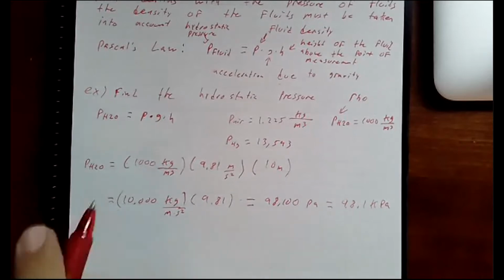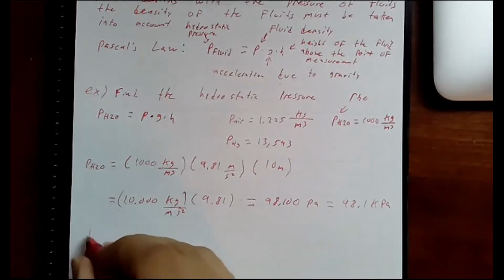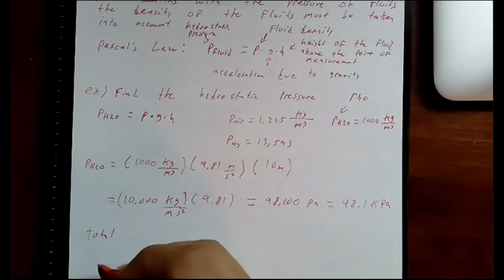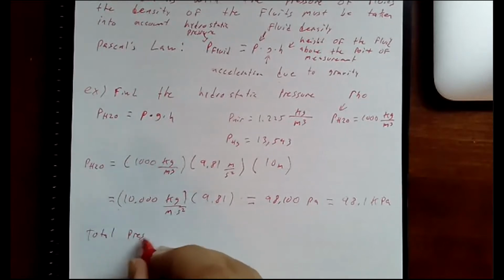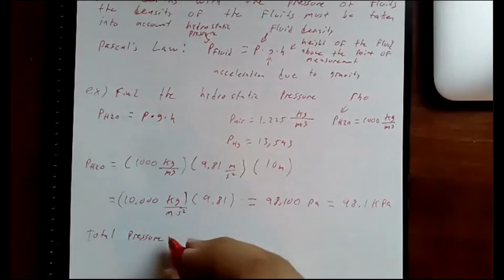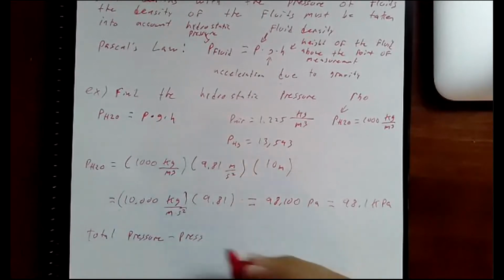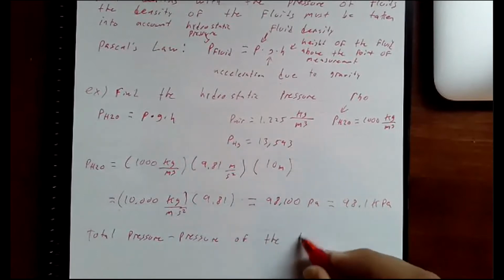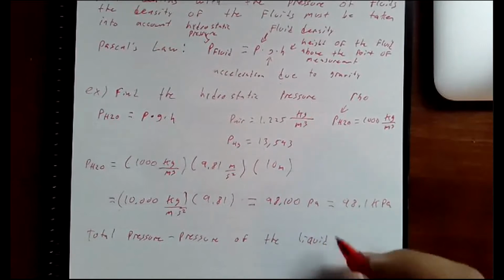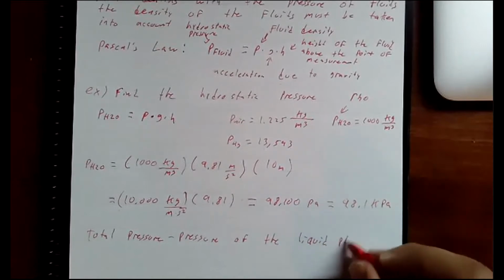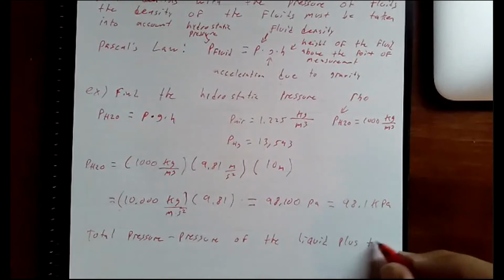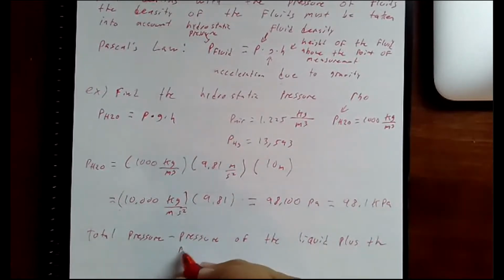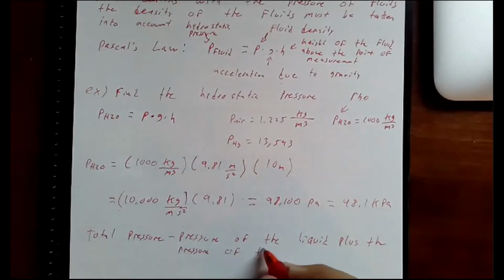All right, one more formula, and we'll move on because we're just about out of time. Total pressure will be the pressure of the liquid plus the pressure of the air above.